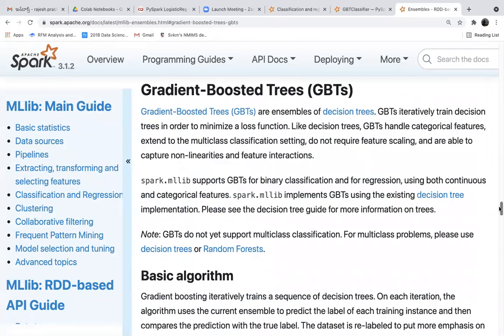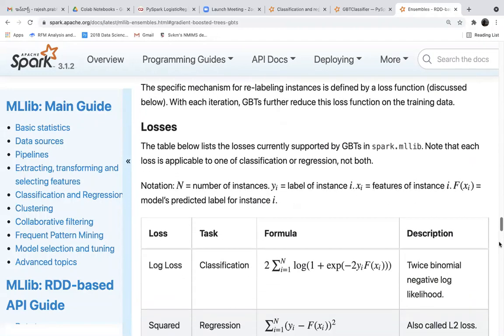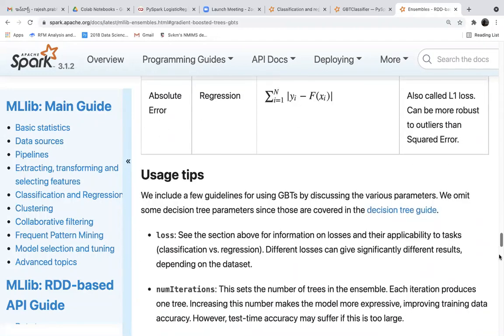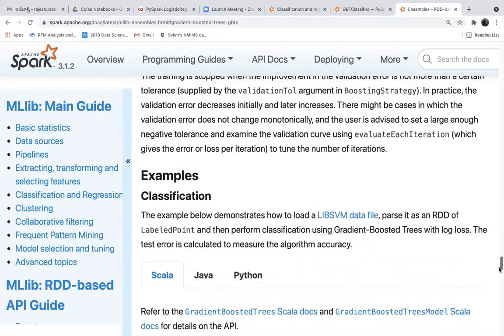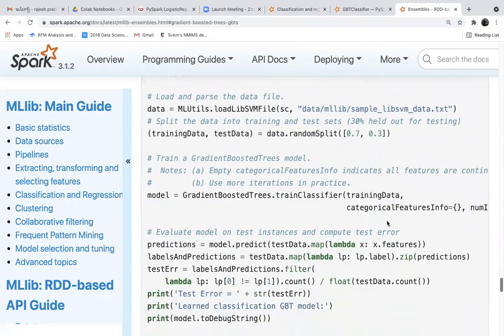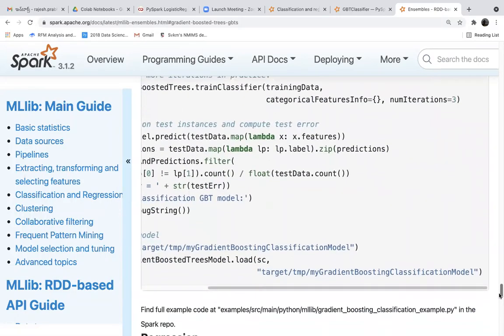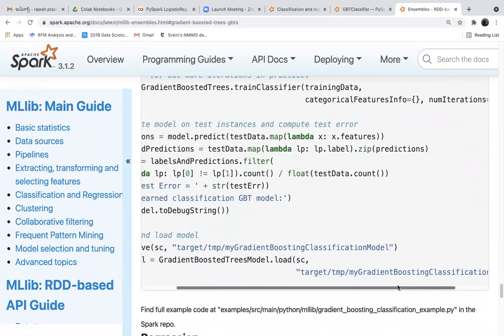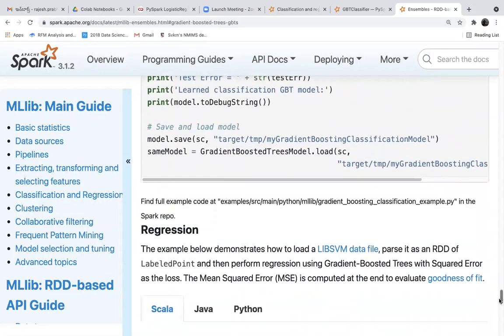Actually, the estimator arguments are loss, iterations, and learning rate only. They're not talking about the number of trees. See, they're only talking about iterations and this. So I think the setting of trees is automatic.